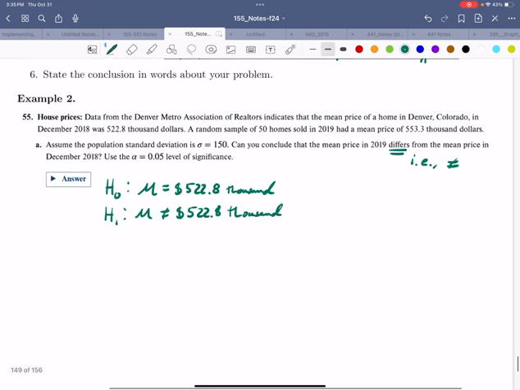Next, we're going to find, so we could find our standard error. I think that's a good idea, right? We will need that even if we use Minitab. So I guess we should say n equals 50, right?